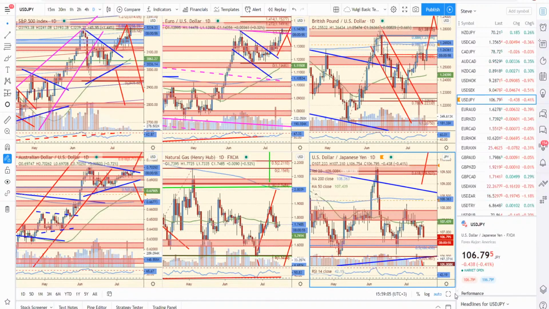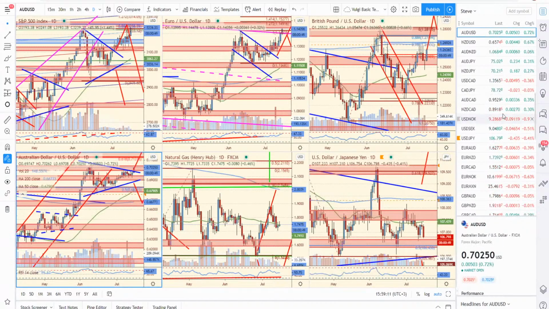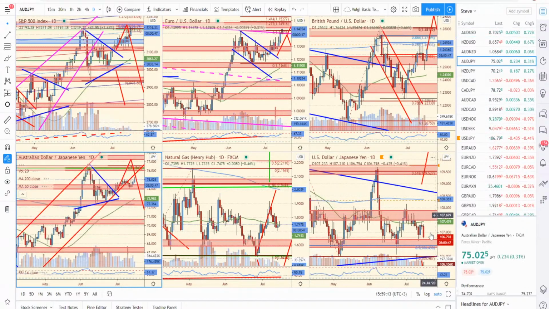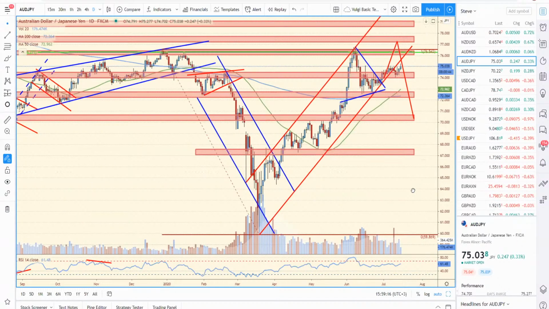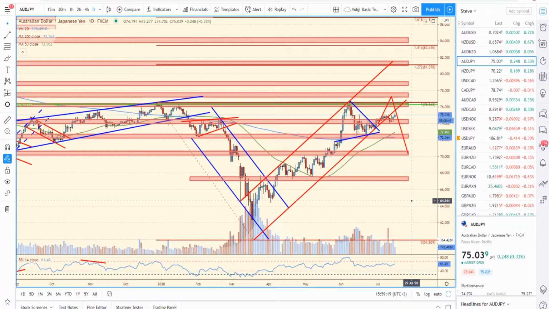I don't really understand why people would even trade it. That is why I've refrained from trading any yen pairs, because you can't tell for sure what they're going to do, because you can't tell for sure what USD yen is going to do. In any case, Aussie yen is not really performing that well due to that.